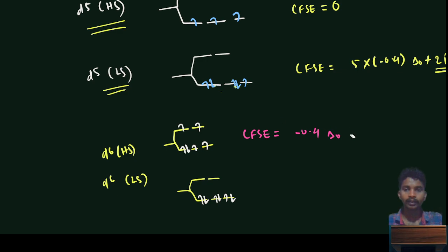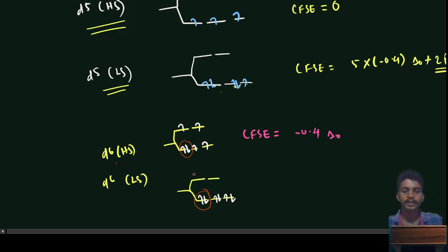So 1 pairing is there, so let's check how much we are giving for pairing energy. For both cases, whether you do high spin or low spin, 1 pairing is there. So in this case 1 pairing will be cancelled, because for both cases, if you do the high spin also 1 pair is possible, so this comes naturally, so this will not be added.